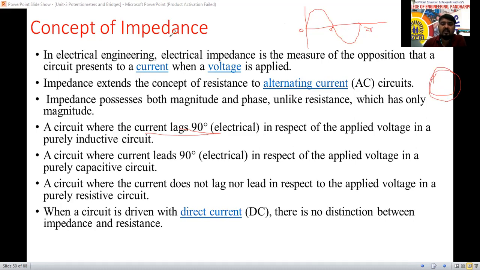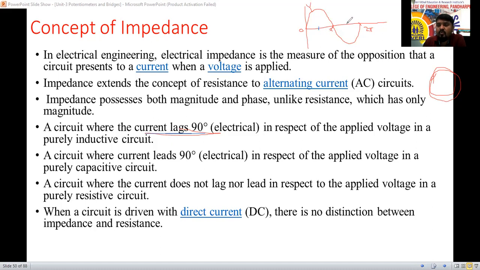So for the inductive circuit, the current lags the voltage by 90 degrees, with respect to applied voltage in a pure inductive circuit. Current lags means the current is behind the voltage. This is the voltage, and for the inductive load I will consider the blue one. Where is 90 degrees? From 0 to pi is half, pi is 180 degrees, so 0 to 90, 90 to 180, 90 is the middle.